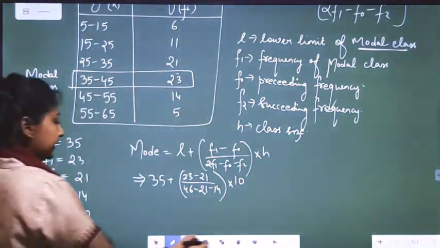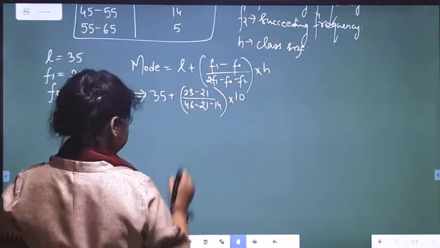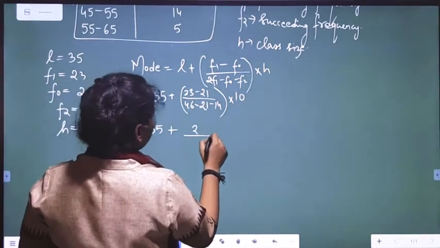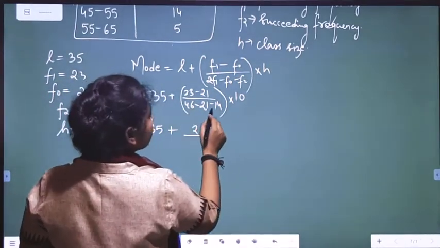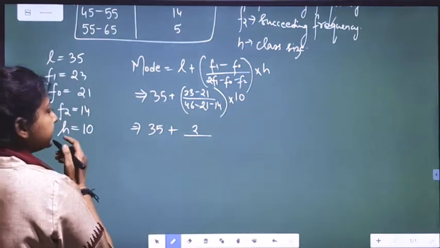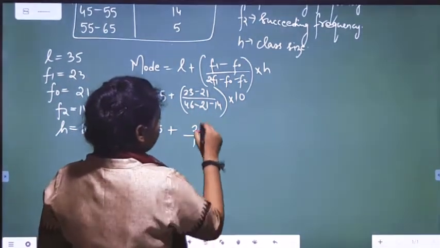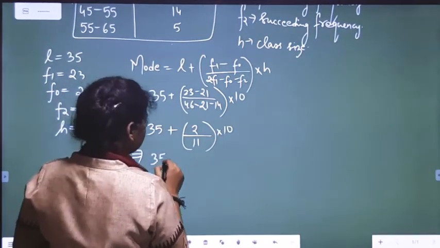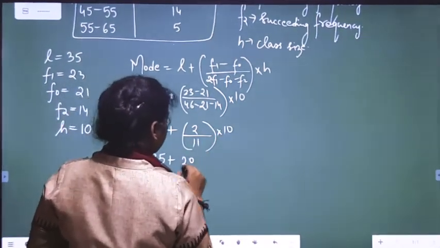When we calculate this, we get 35 plus 2 upon, 46 minus 35 will be 11, into 10. So this is 20 upon 11.